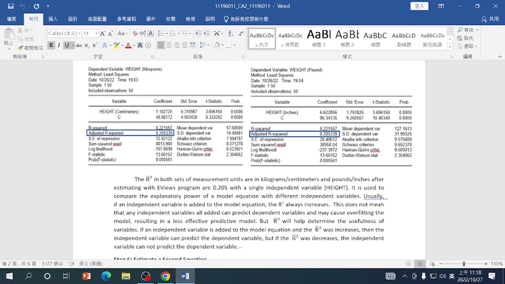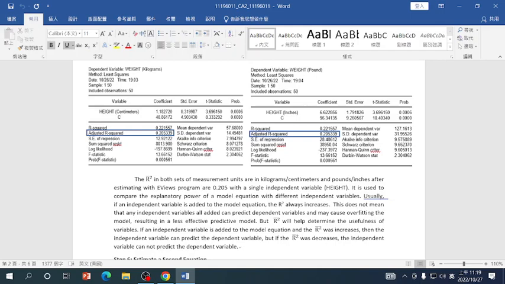Usually, if an independent variable is added to the model equation, the R square always increases or does not change. This does not mean that any independent variable added can predict the dependent variable, and it may cause overfitting of the model, resulting in a less effective predictive model.